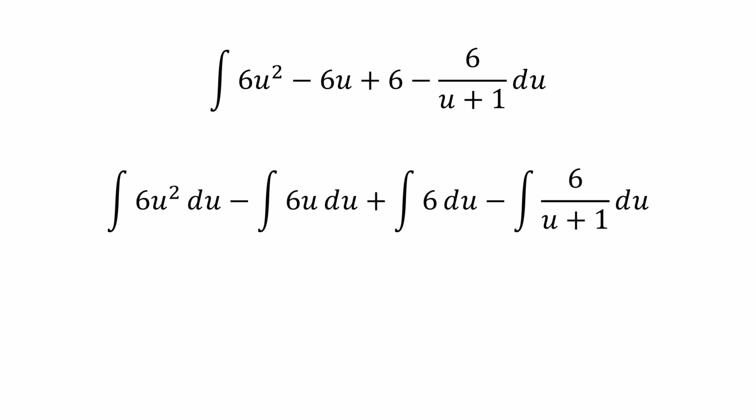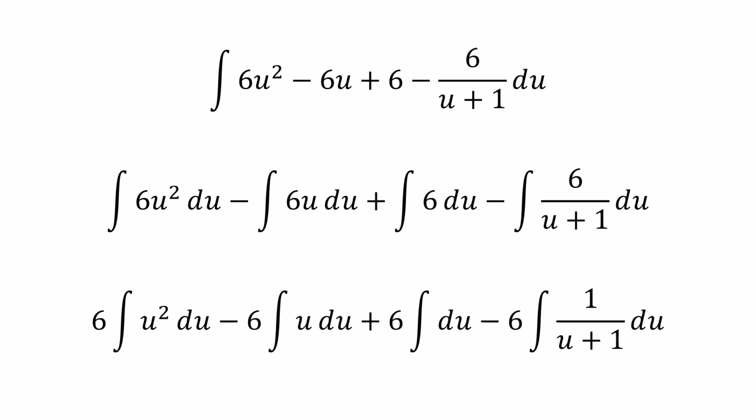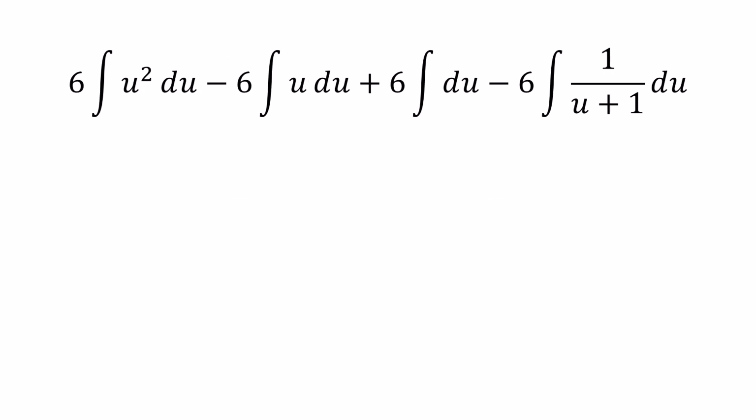Applying the constant multiple rule then gives 6 integral u squared du minus 6 integral u du plus 6 integral du minus 6 integral 1 over u plus 1 du. Next, we let v equals u plus 1.